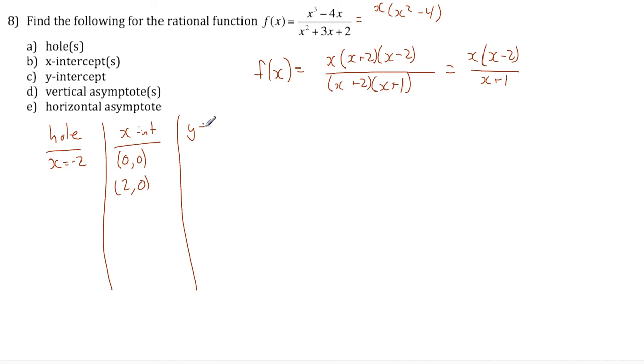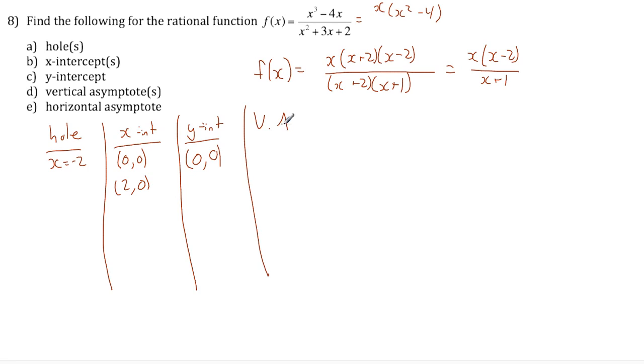Then we're going to have the y-intercept. The y-intercept is where x is 0. So if you look at this, where this is 0, we have 0 over 1. And also, if you look at the x-intercept, it crosses the y-axis at the origin. So that's 0, 0.